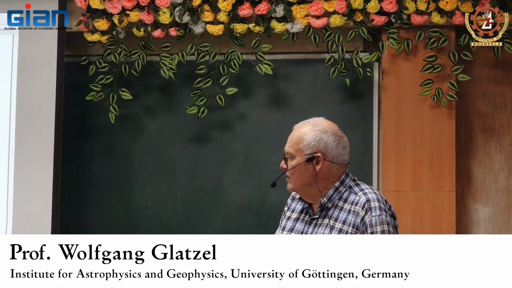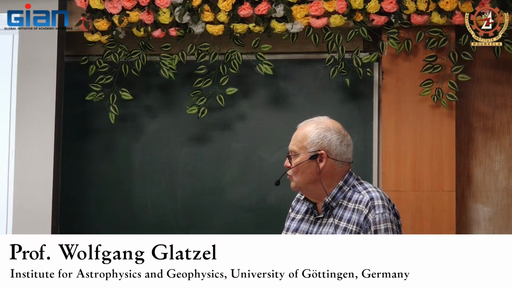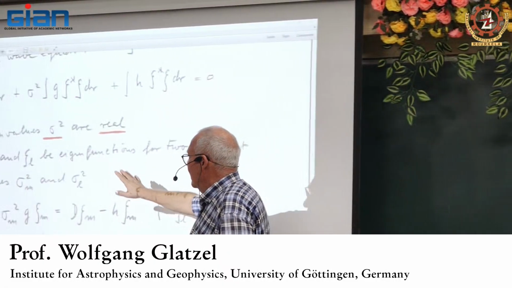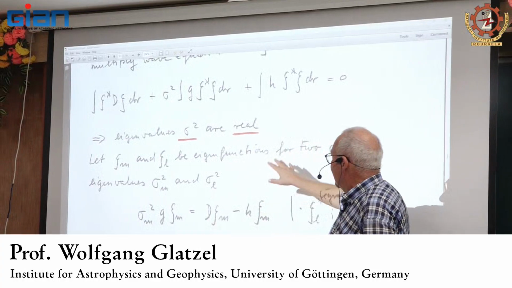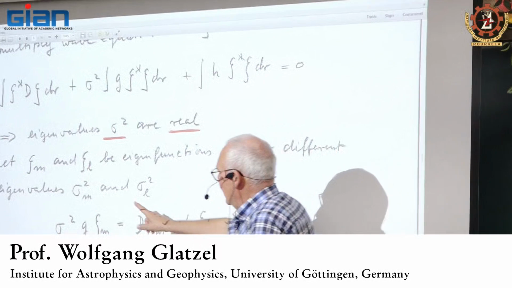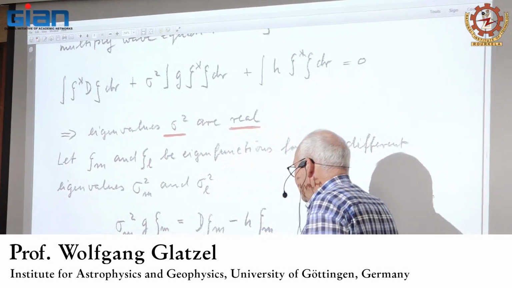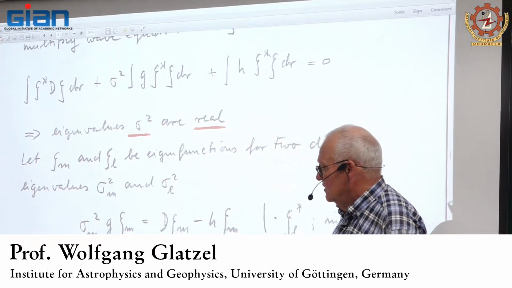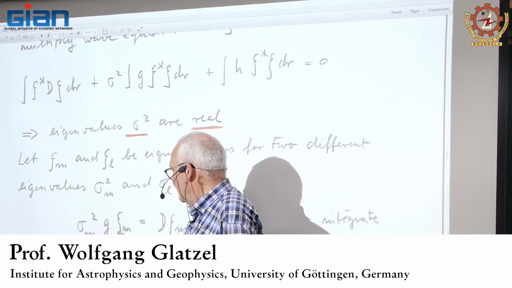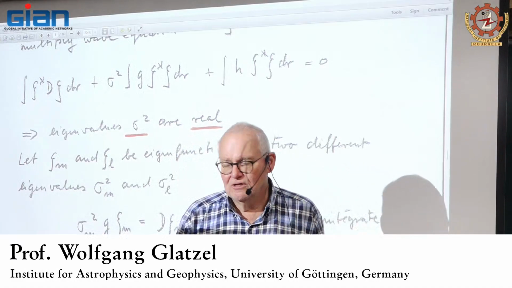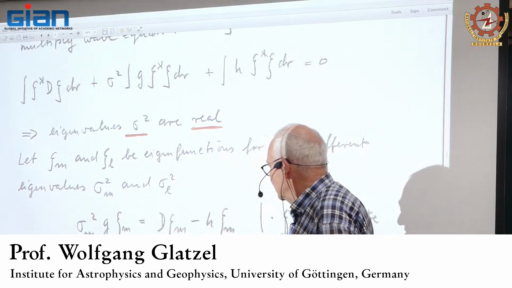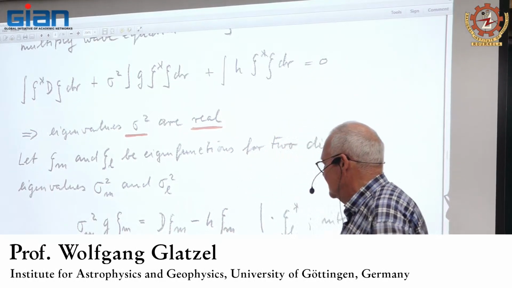This is once we consider two functions zeta m and zeta l, which are supposed to be eigenfunctions for two different eigenvalues, sigma m squared and sigma l squared. Then, according to the perturbation equation, sigma m squared times the function g acting on the eigenfunction zeta m is the differential operator acting on zeta m minus h times zeta m.